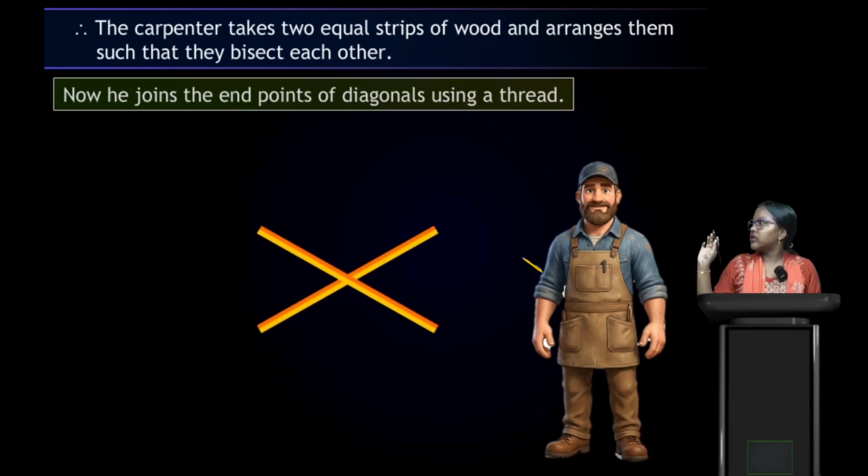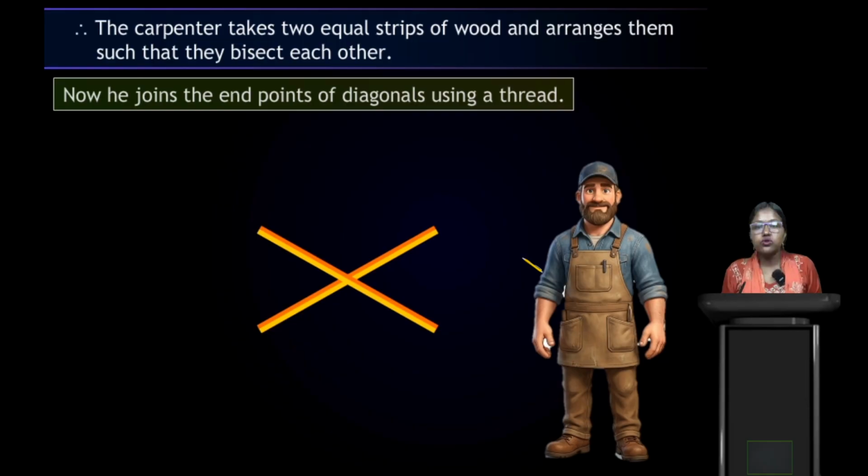Now he joins the endpoints of the diagonals using a thread like the previous one. Previously also it was not at the midpoint. He just intersected both the woods, joined them with a thread and saw that the shape was not looking like a rectangle, right?